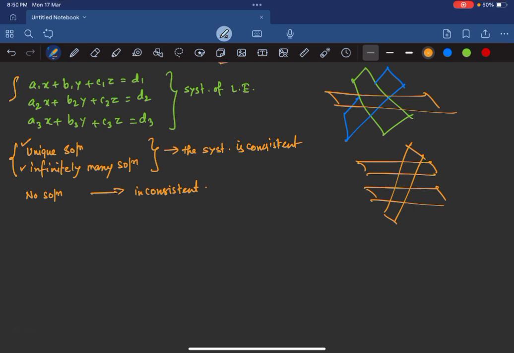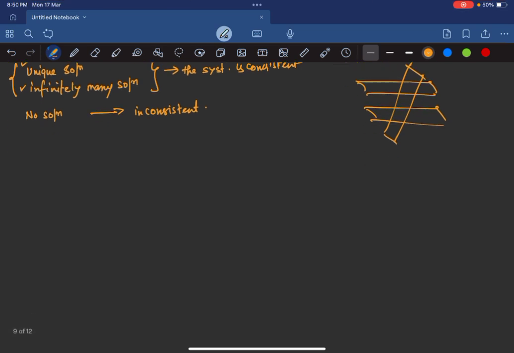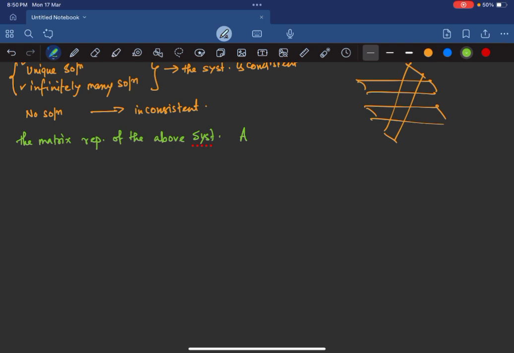Now for the 3D case, suppose we are having this system. Corresponding to this system, you have a matrix representation of the above system, as follows: Ax = B. You can write it like this, where A is a1 b1 c1, a2 b2 c2, and a3 b3 c3.